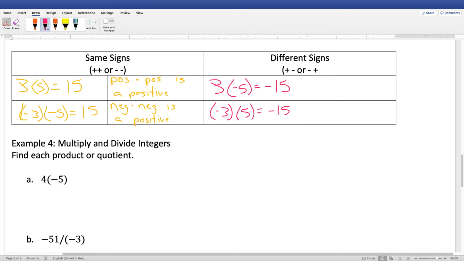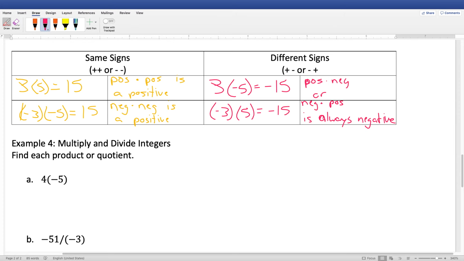So no matter what order they are in, anytime you take a positive times a negative or a negative times a positive, the answer is always negative. Does everybody remember this from last year?